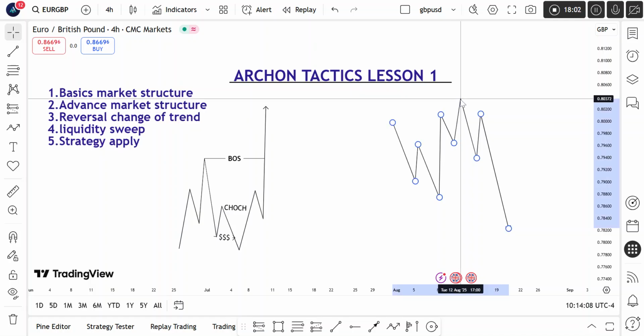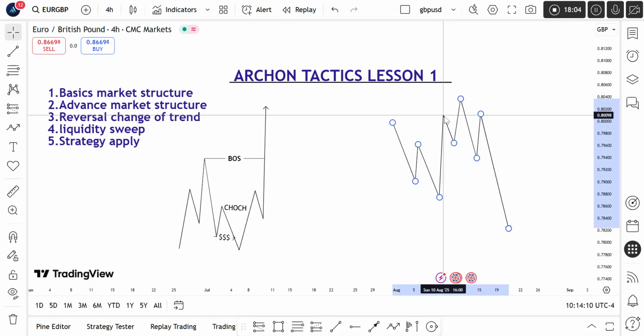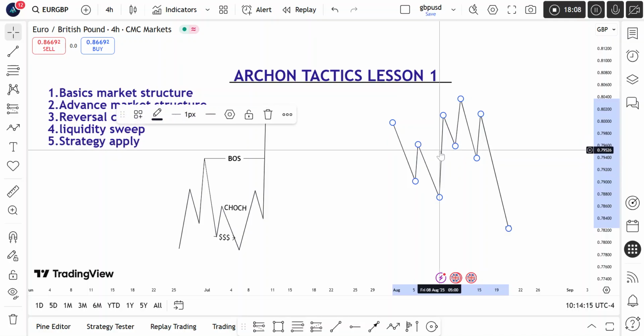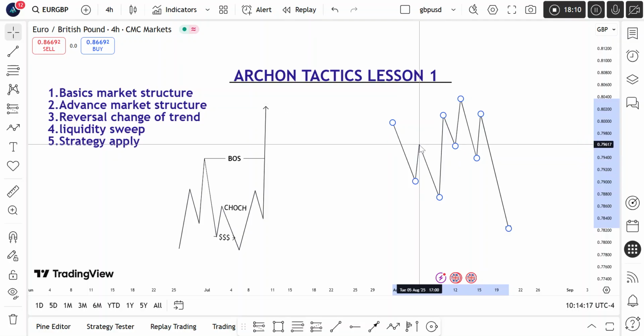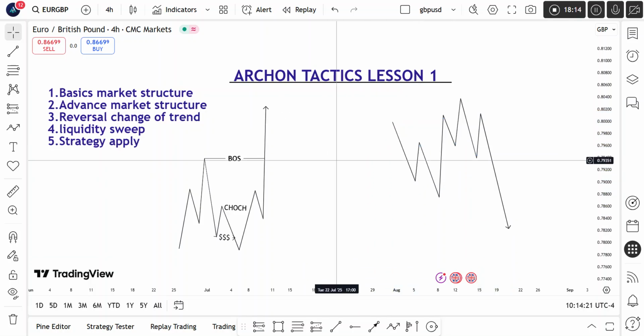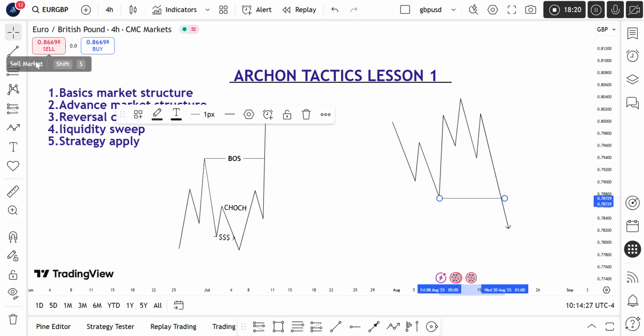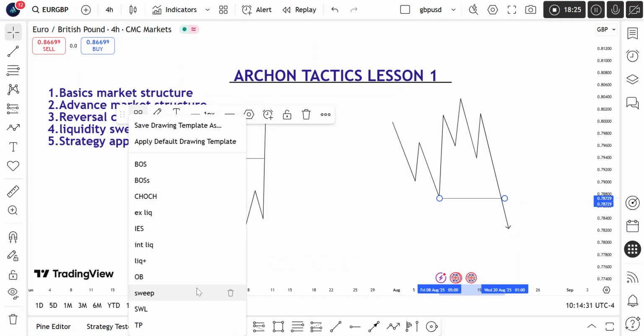This is the different structure that we see in the market. If you know it, it's going to be very important for you. Now I'm going to mark my different zones, and then we have here our BOS.